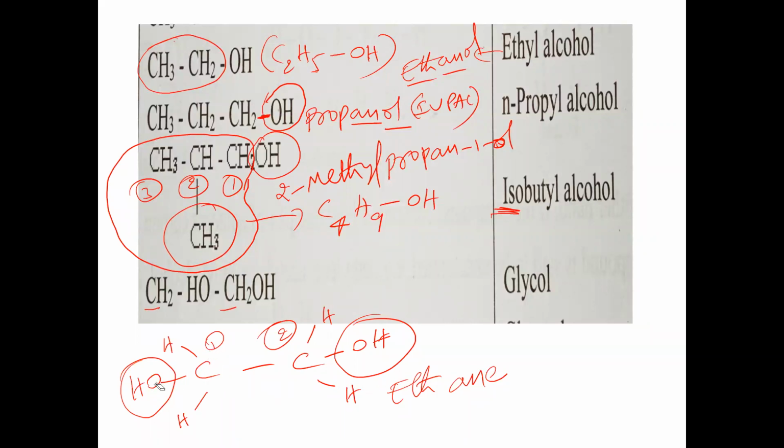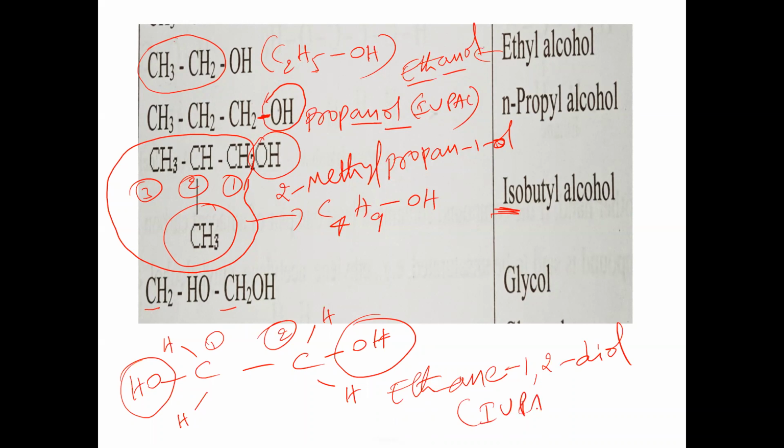On the first carbon 1 OH group, on the second carbon 1 OH group. If alcohol is present as the functional group, its secondary suffix is OL. How many times is alcohol there? 2 times. So we have to use diol. Where are the alcohol groups present? 1, 2 diol. So ethane-1,2-diol is the IUPAC name.